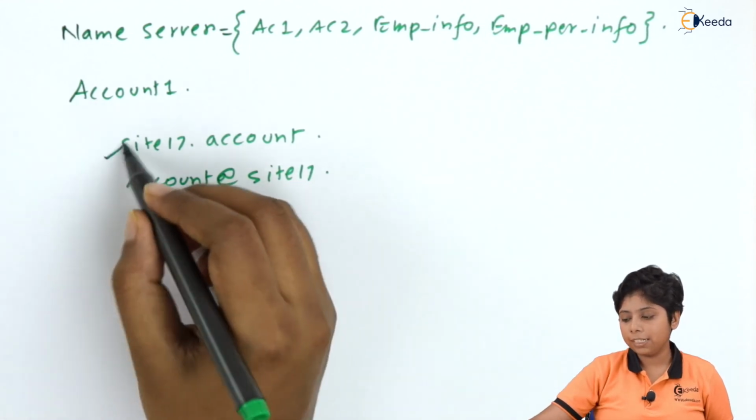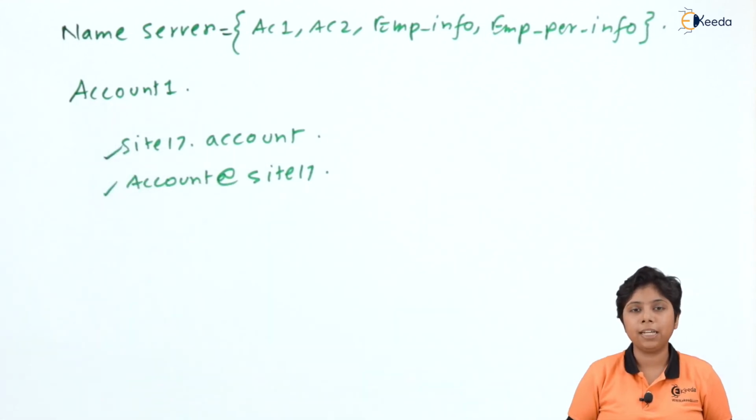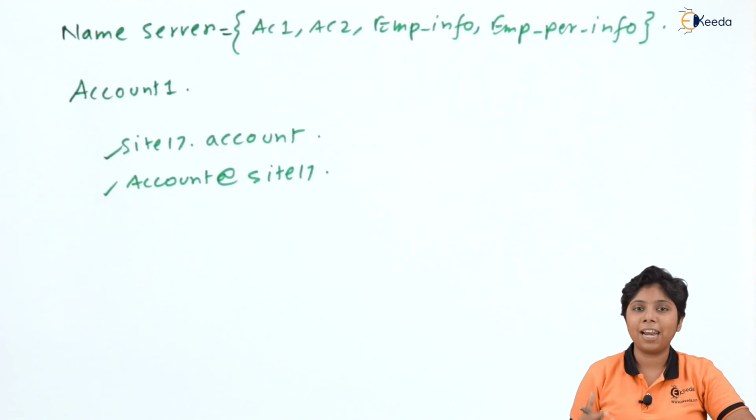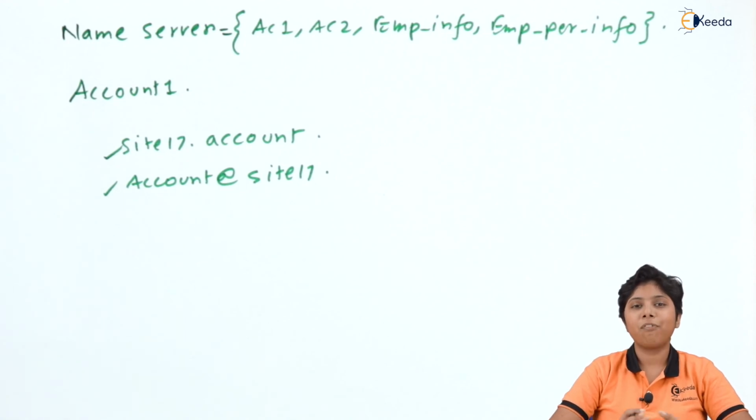And other than that, it can directly use the site ID as a primary key. In this way, we can name and create aliases for these name servers so that we can access the distributed data storage in a proper and efficient manner. So this is the fragmentation, replication, and transparency in data storage that we can use in a distributed environment.